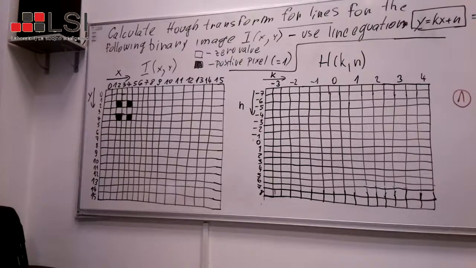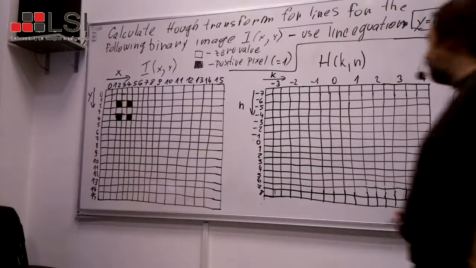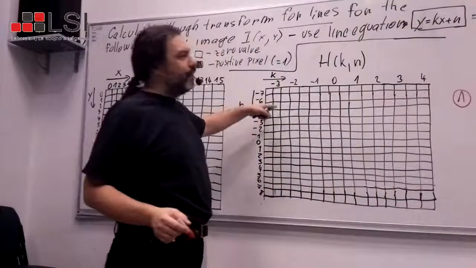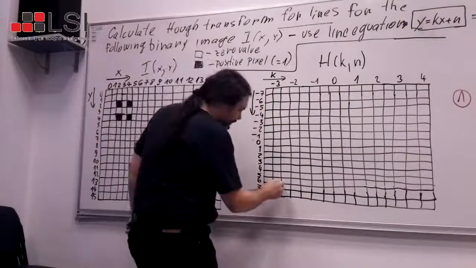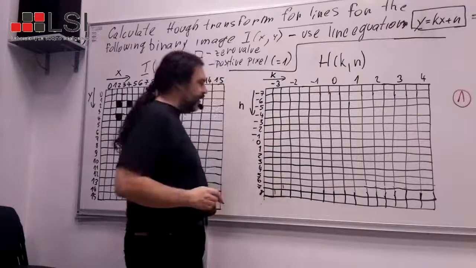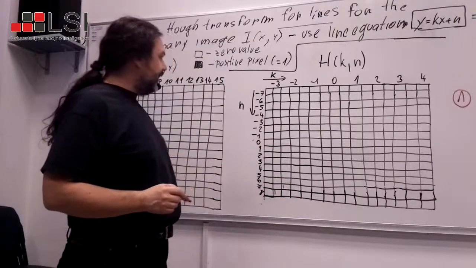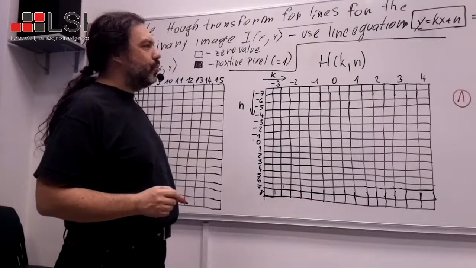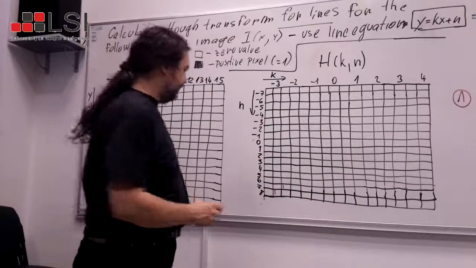So if we go to the next one, the next value is 7. So at minus 2.5, we have 7. One vote here. The next one at minus 2 is at 6.